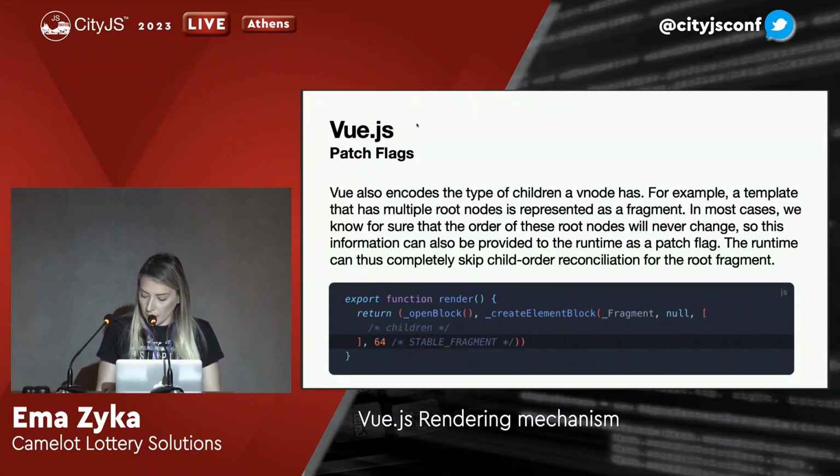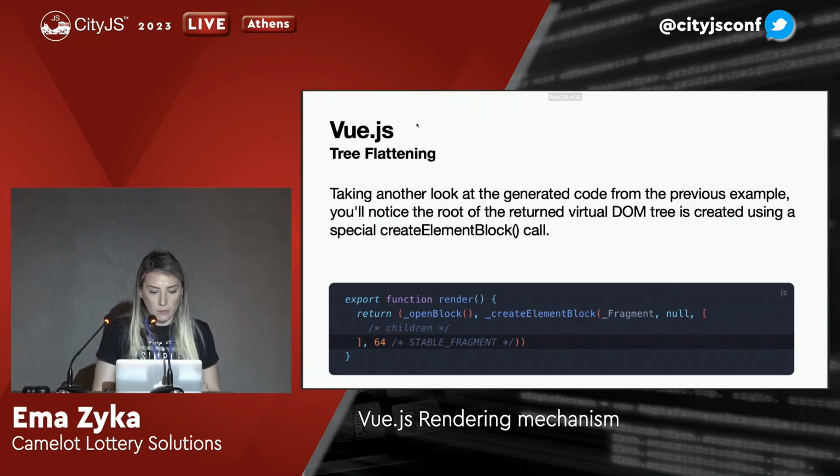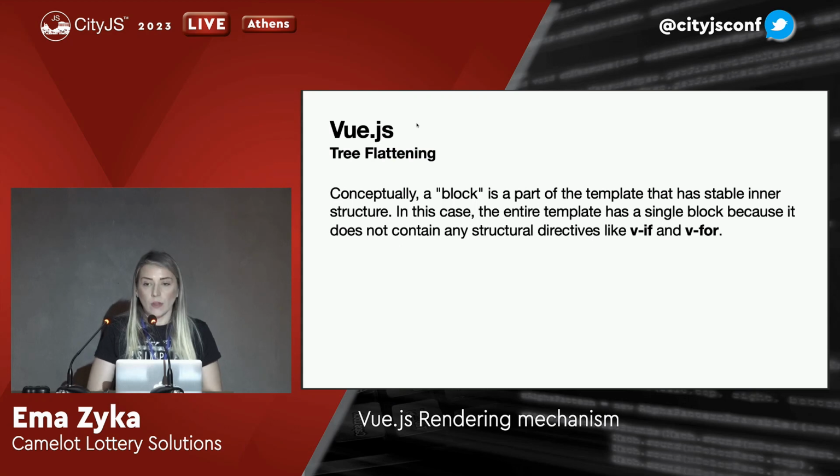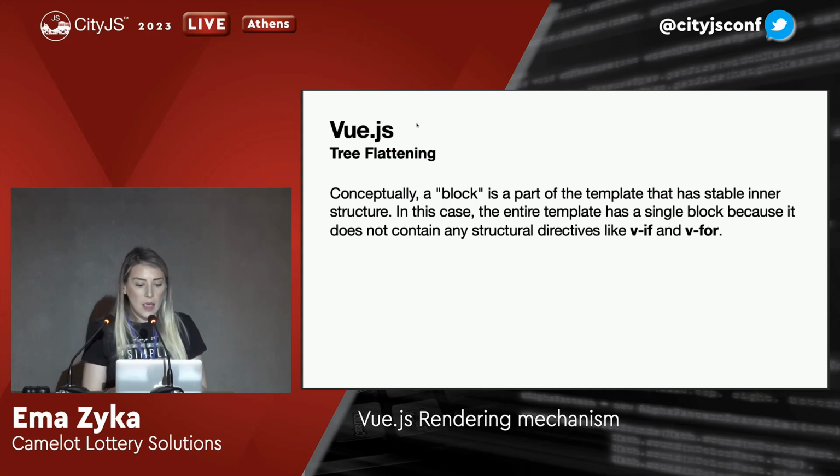One more thing that I would like to mention is the tree flattening. I guess you are maybe familiar with this terminology. Conceptually, when a block is part of the template and has some stable inner structure, we can avoid a few things and get this kind of performance.